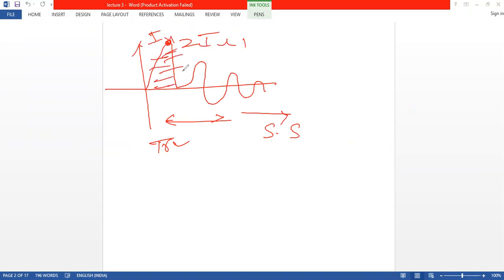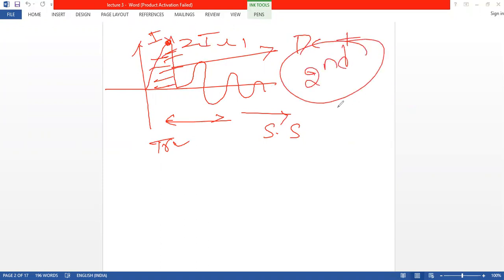Net DC means there is a DC term here and the second harmonic is dominant. First is the fundamental, so the second harmonic is dominant. Whereas in all other cases, the dominant harmonic in a non-linear core is the third harmonic. But in switching transient, the dominant harmonic is the second harmonic. This is the last year question which they ask.